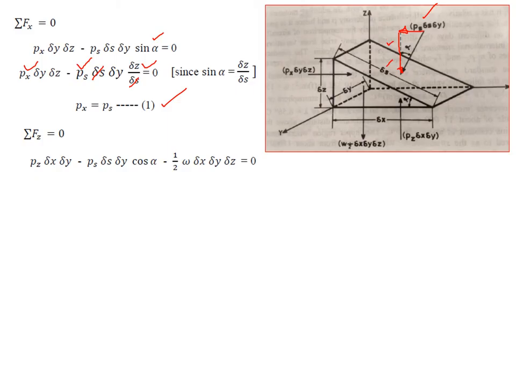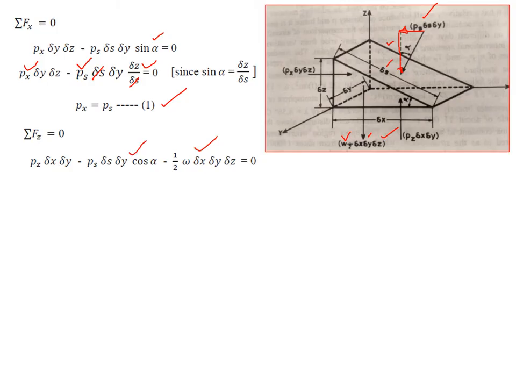What is volume? Half delta x into delta z is the area, into delta y gives the volume. So area is half delta x into delta z, length is delta y, so I have multiplied by delta y. That gives the volume, multiplied by the specific weight. That acts downwards, so I have taken minus. This is cos alpha here, which is taken as ps delta s delta y cos alpha.